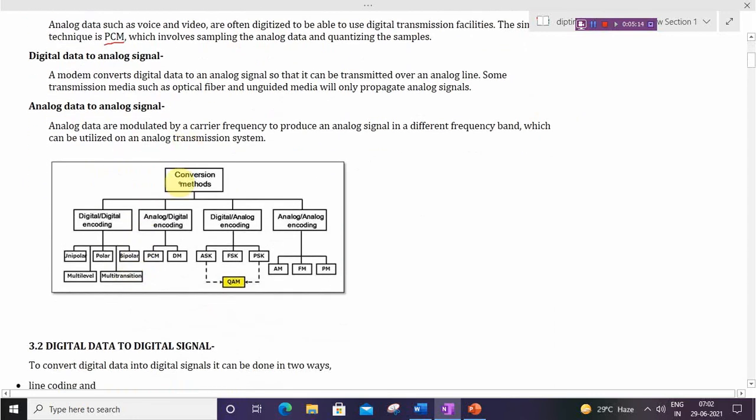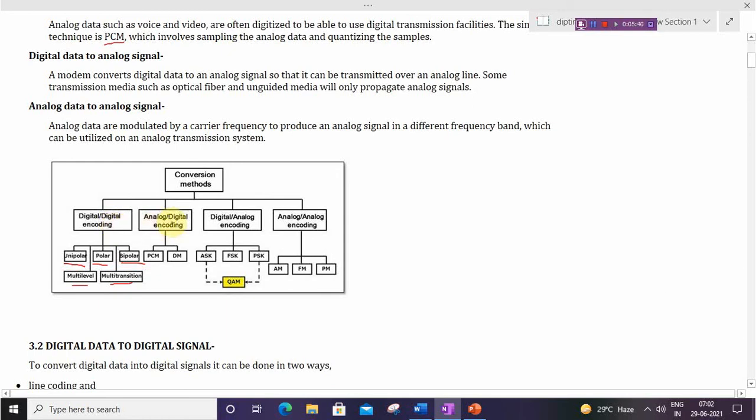So this is the conversion method. For digital encoding, we use unipolar, polar, bipolar, multi-level and multi-transition. So these are the methods to convert the digital data to digital signals.